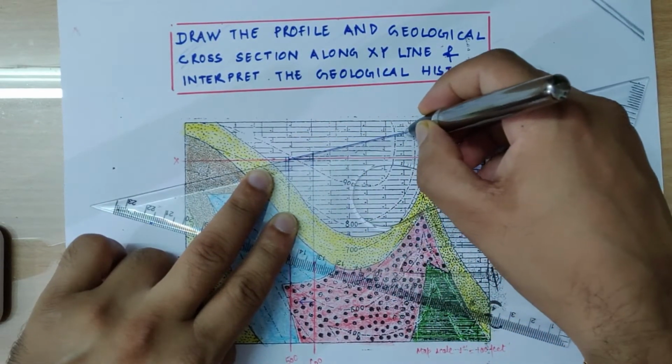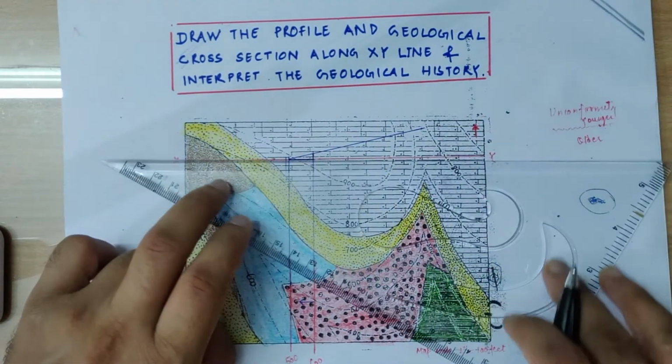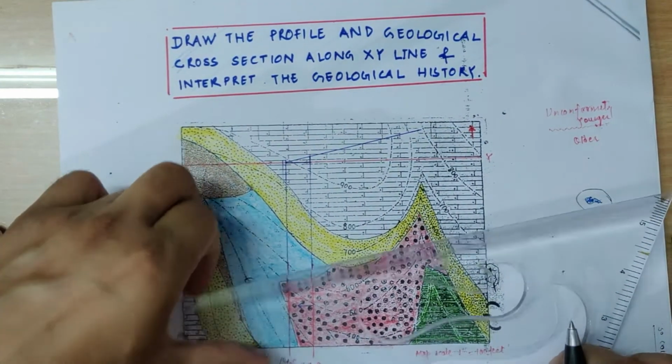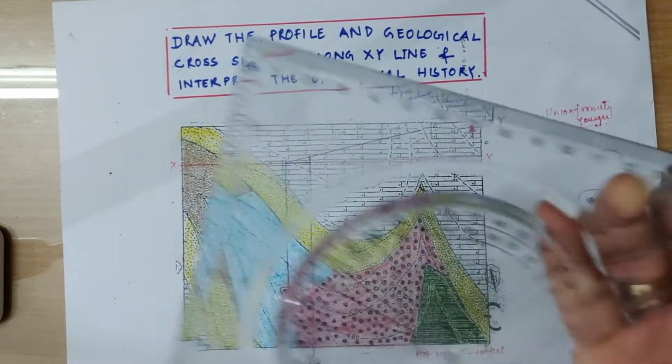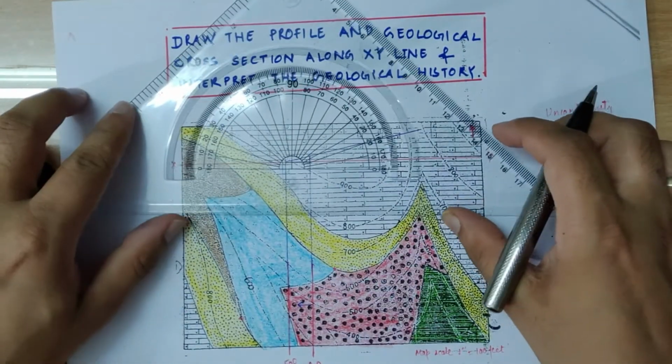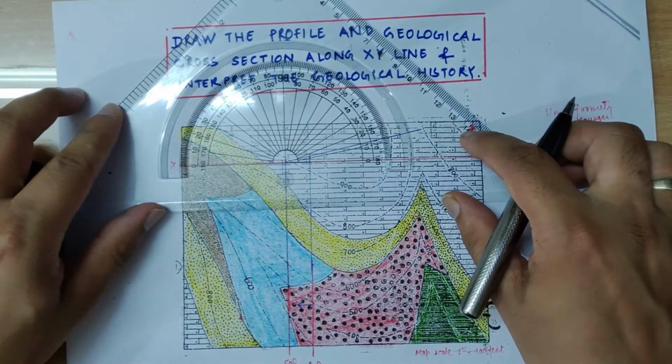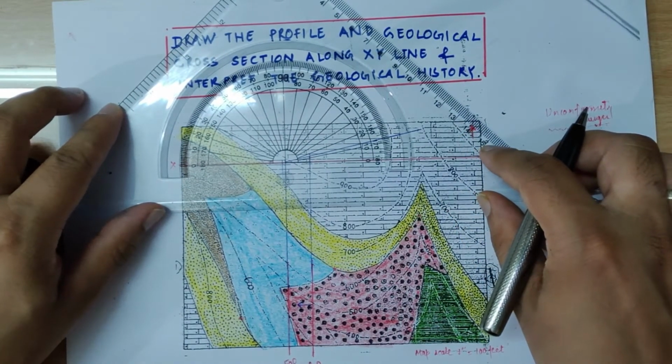So this is going to give us the amount of dip. We can measure this value. This will be the amount of dip for the older sequence. So use the set square and measure the value.